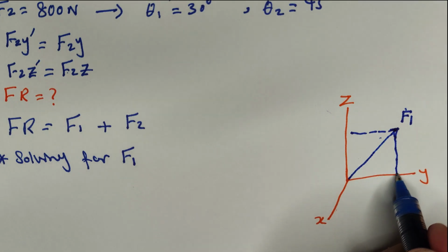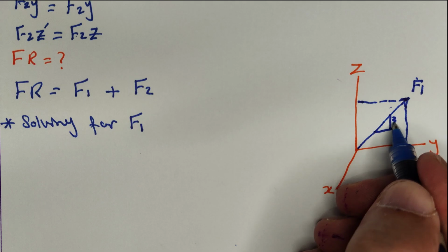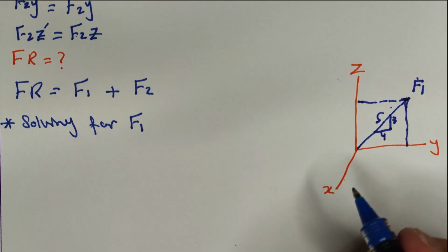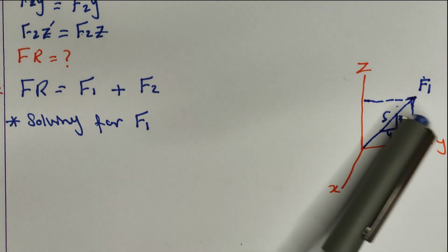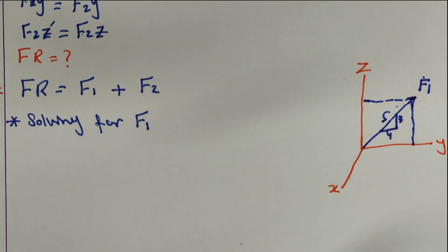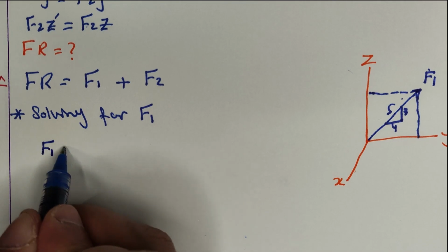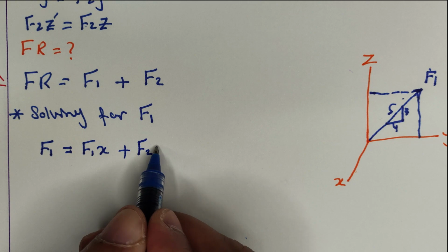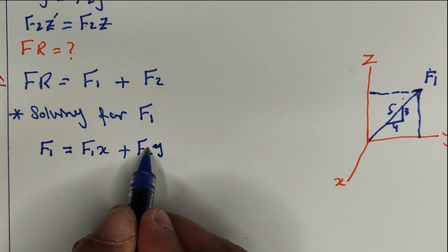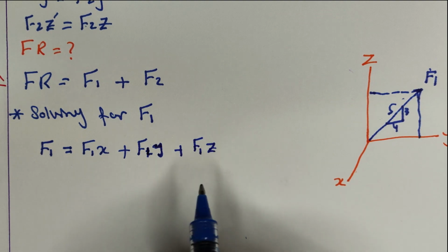Resolve it into two rectangular components, and we are given the special triangle 3, 4, 5. Since this is all the information given regarding F1, and F1 doesn't have an X component, we know that F1 is equal to F1 on the X direction plus F1 on the Y direction plus F1 on the Z direction.